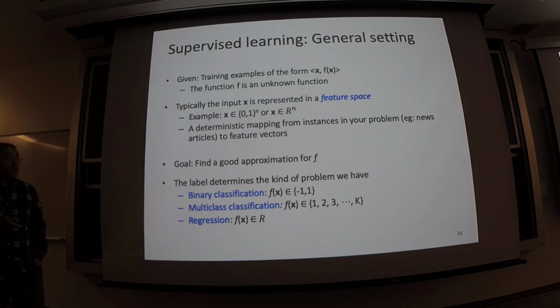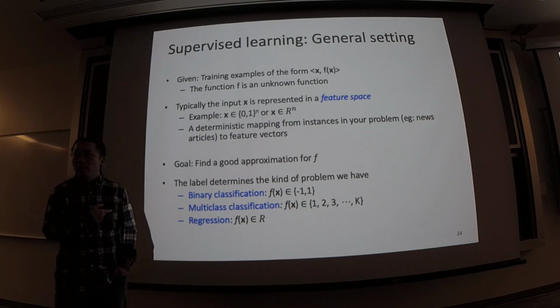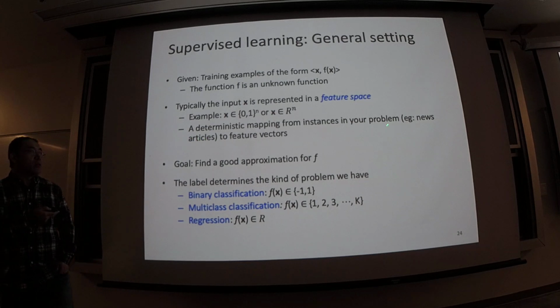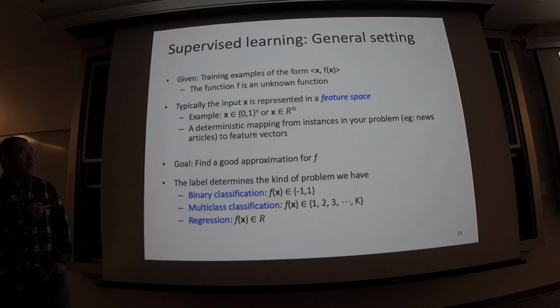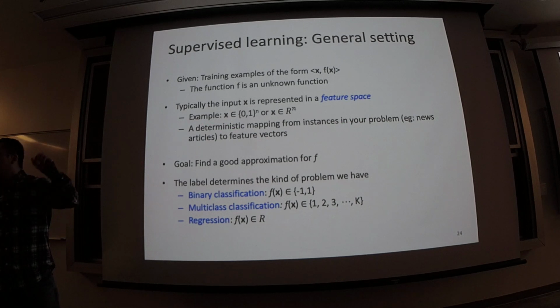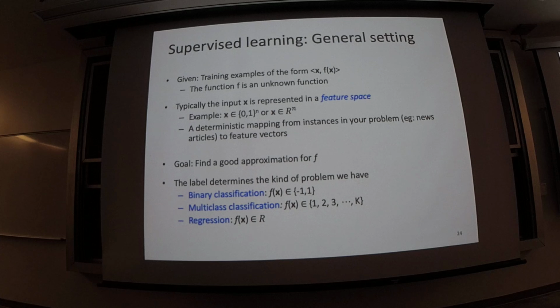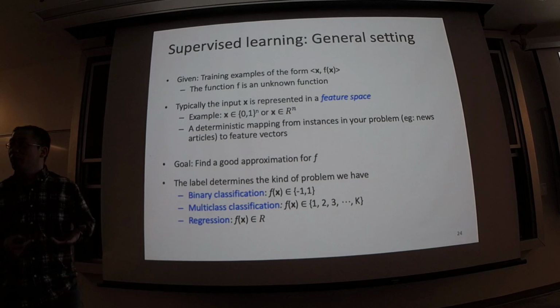Usually from the original instances, you need to extract a representation of those inputs x, which we call feature extraction. This is a very important procedure. So why can't we directly use the original instances? The reason is that this is machine learning, right?